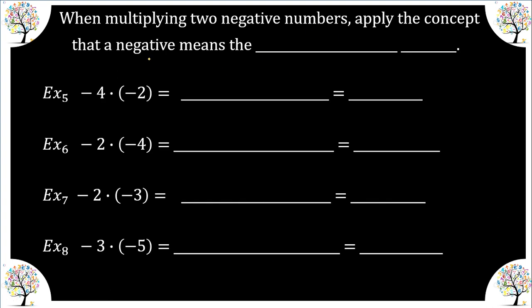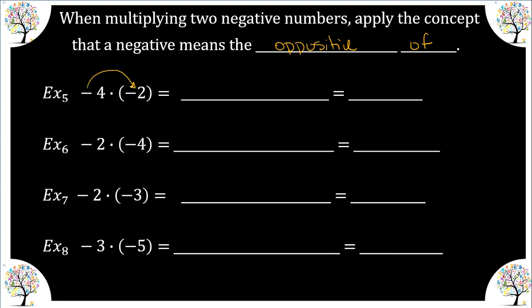Okay, so when multiplying two negative numbers, apply the concept that a negative means the opposite of. So when we have negative 4 times negative 2, if we just look at this negative, it means opposite of.